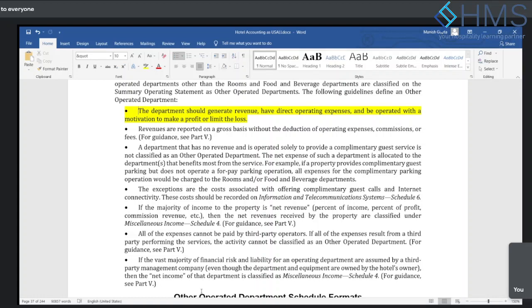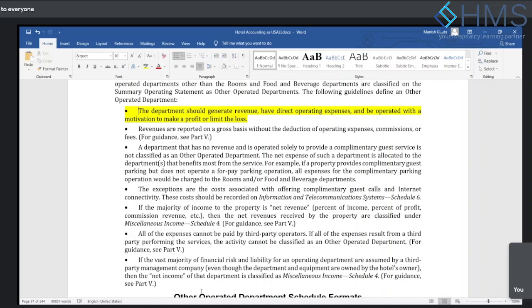It's not a profit making department. So many hotels have now discarded the telephone department as an other operating department, and it has gone as a cost center into the information technology expenses, into the telephone expenses. And the manning has gone to either rooms or whoever is managing that department, right? So that's how you identify the expenses.